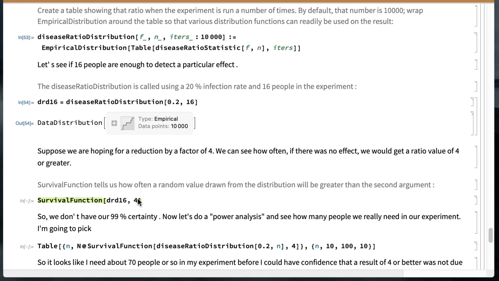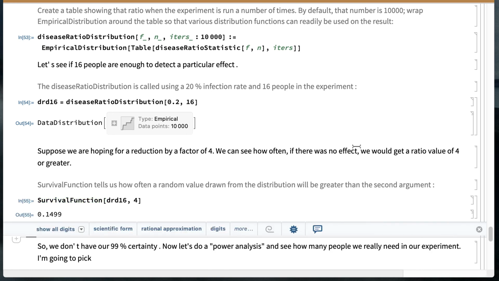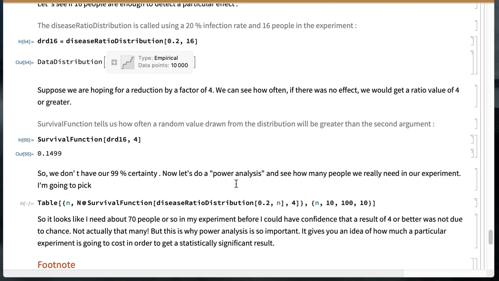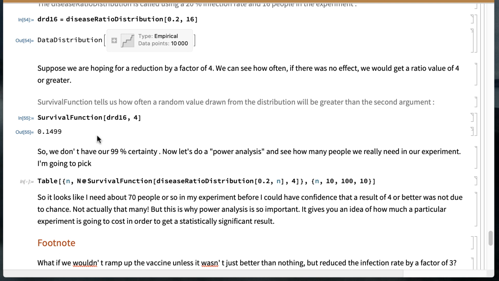And it turns out that even if the vaccine doesn't do anything, because the disease rate here is the same as the disease rate here, 15% of the time we're going to get, with just 16 people in our experiment, 15% of the time, even with a worthless vaccine, we're going to get that it reduced the rate of disease by a factor of 4.